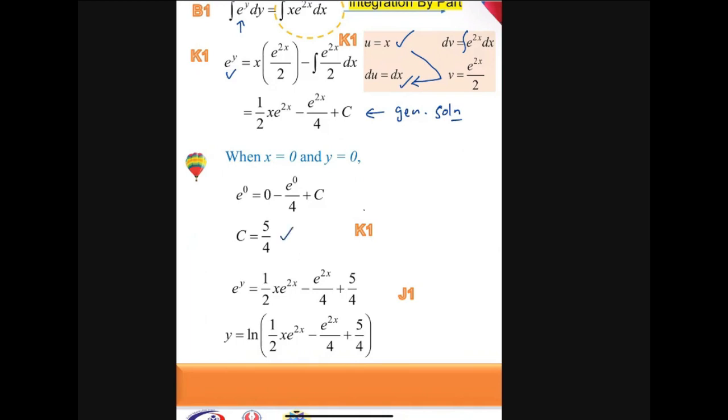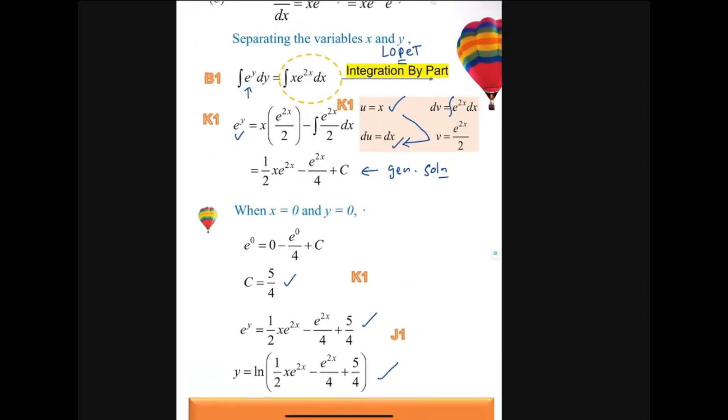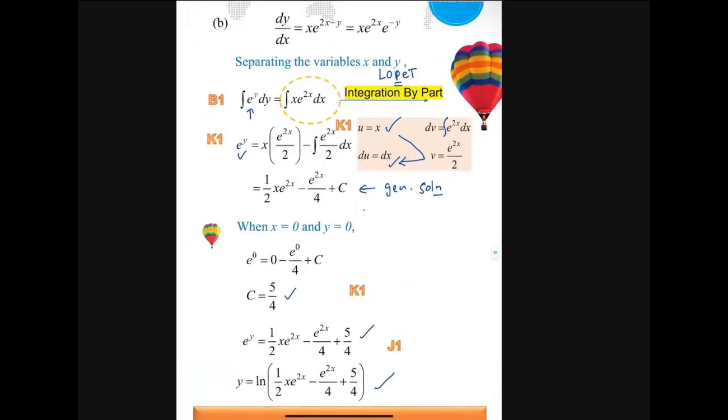So that's how we get c is 5 over 4, and then rearrange this back to find our curve. So finally y would be ln of half x e to the 2x minus e to the 2x over 4 plus 5 over 4.